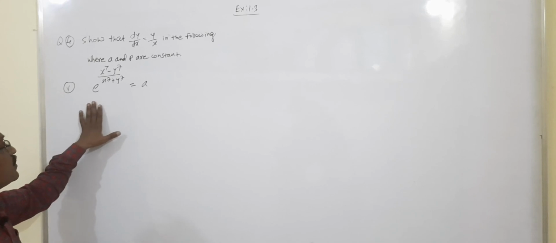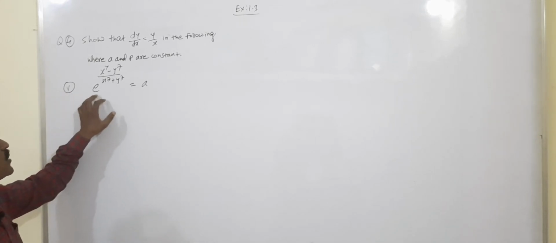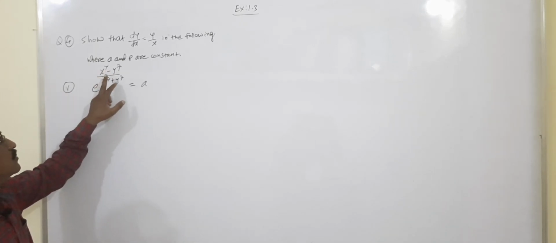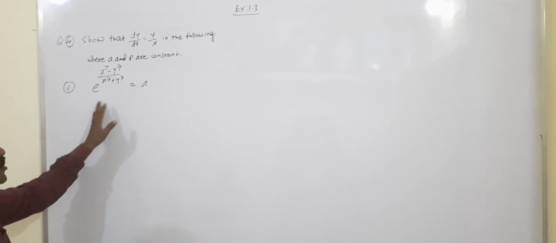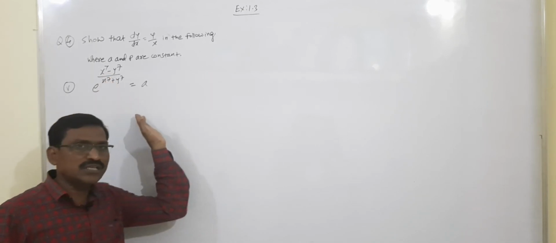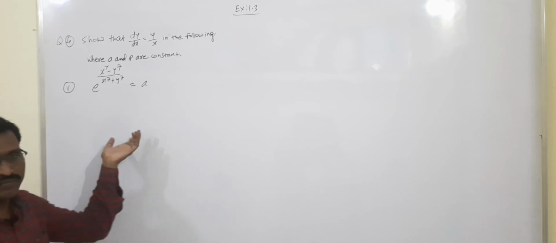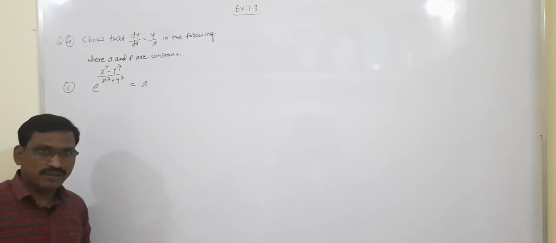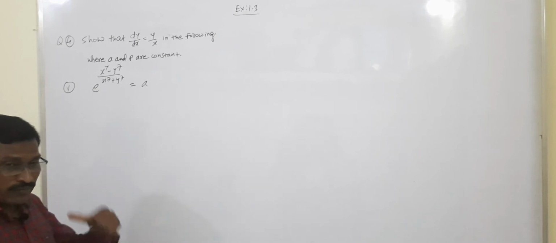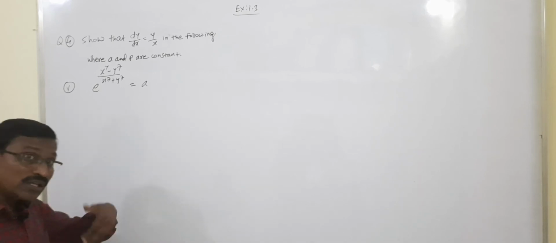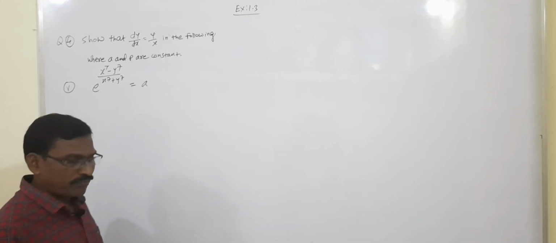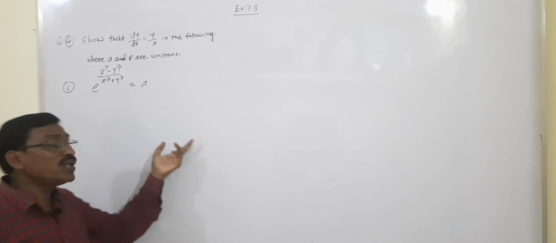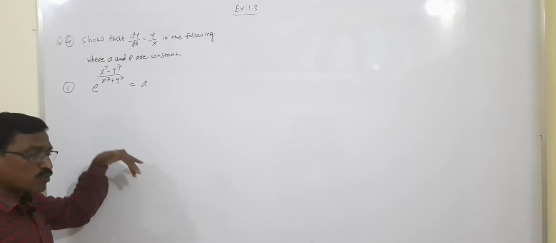Now in this example, the example is e to the power x to the power 7 minus y to the power 7 upon x to the power 7 plus y to the power 7 equal to a. This function is in the exponential form. In the previous example, it was a logarithmic form, and we converted it into exponential form by using the definition of log. Now this example is in exponential form.